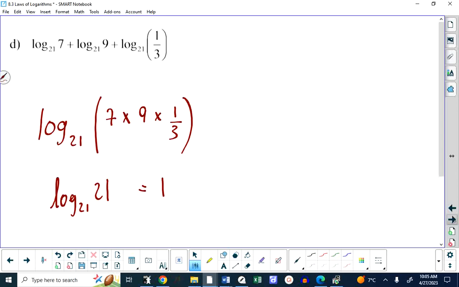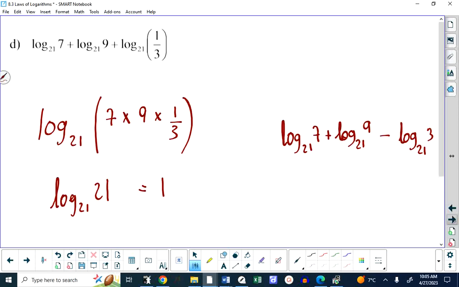Incidentally, I don't know if you remember this, but I told you yesterday, I gave you a couple of rules that aren't on your formula sheet. One of them was that if you want to take a logarithm of 1 over something, you can flip that over and just make the logarithm negative.